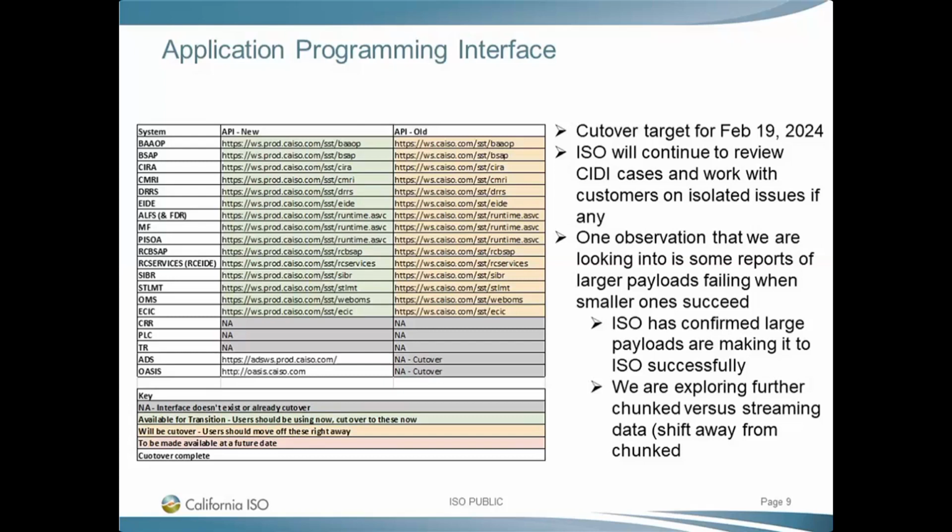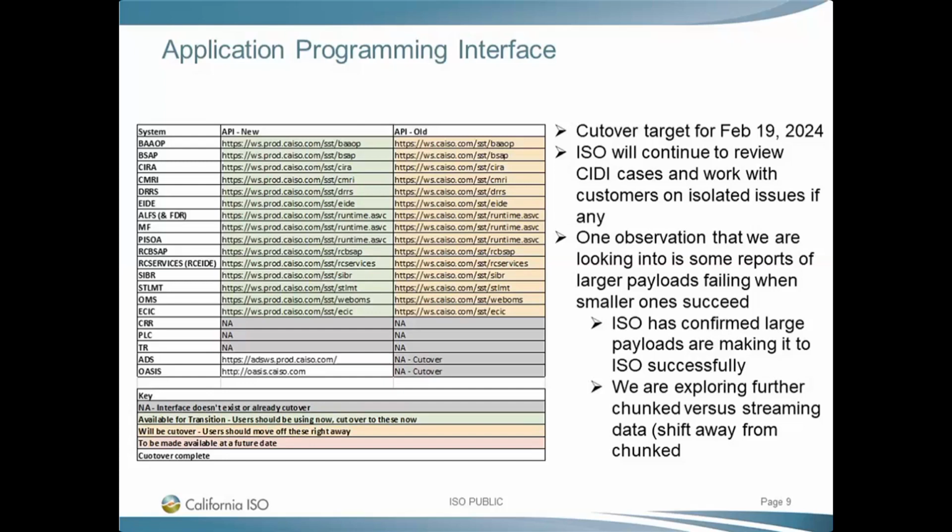The ISO was able to test and also work with customers to test that large payloads do make it to the ISO successfully, but we're exploring other possibilities for the cause of the issue, including chunk versus streaming data, and specifically shifting away from chunk data for those that are sending it that way to see if that resolves the issue.